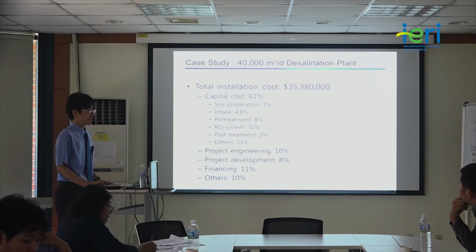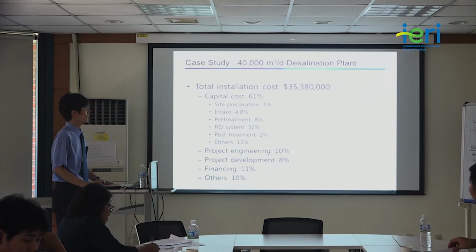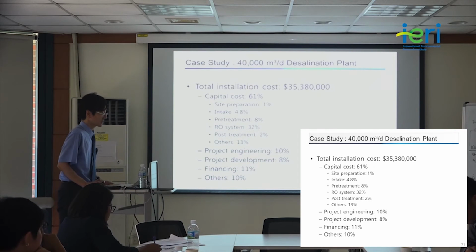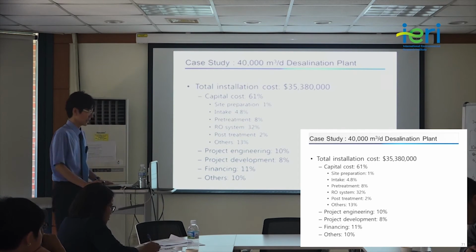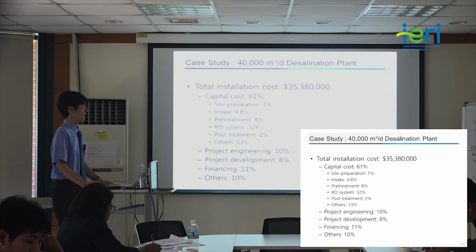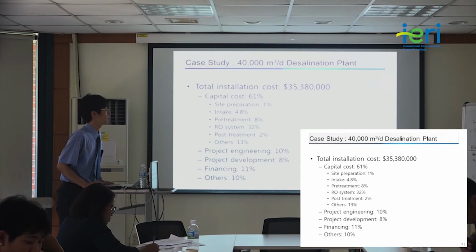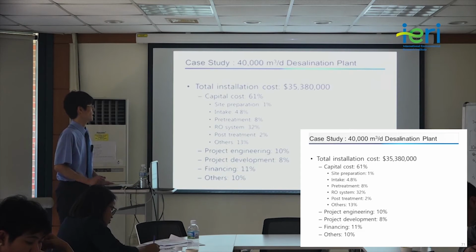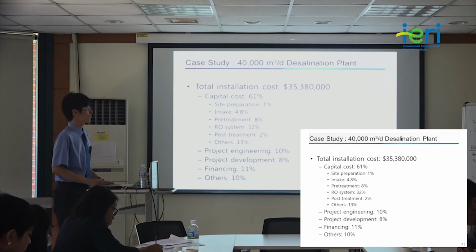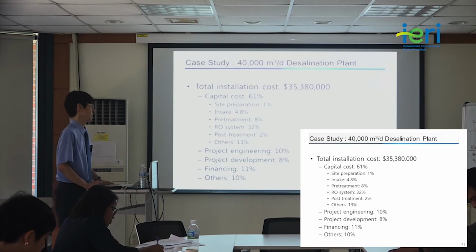For your information, this is another case study that shows the actual money spent to build a 40,000 cubic meter per day desalination plant. The total installation cost, according to this report, was $30,000 million. The capital cost was 61%, and since this was a real project, project engineering, project development, and financing account for around 39%.